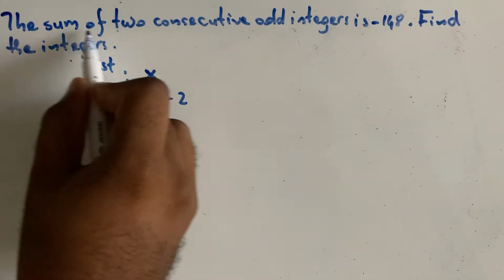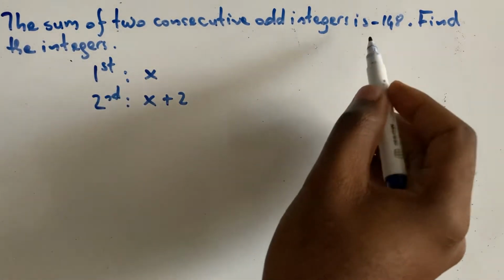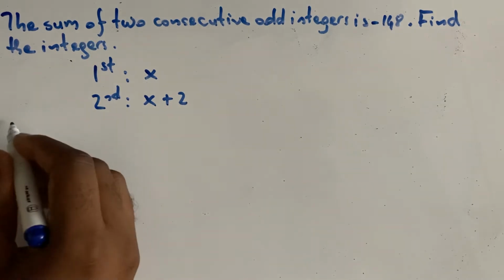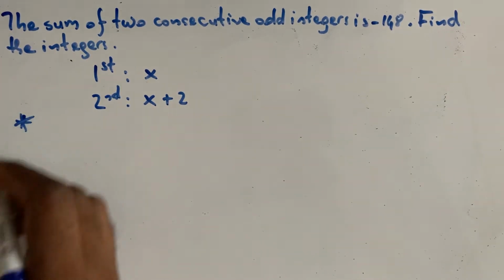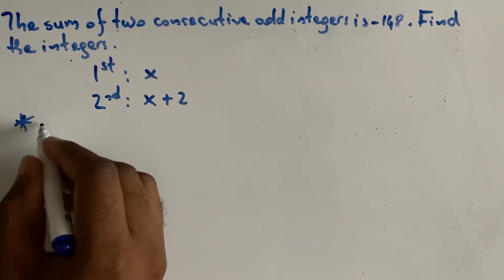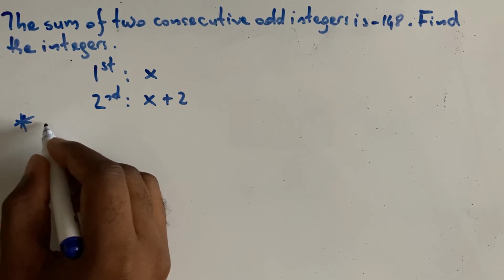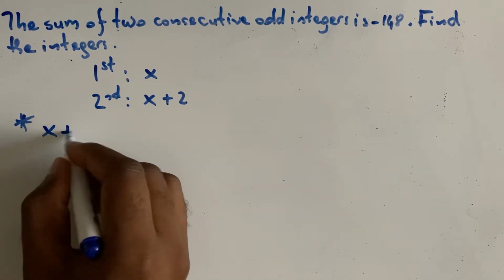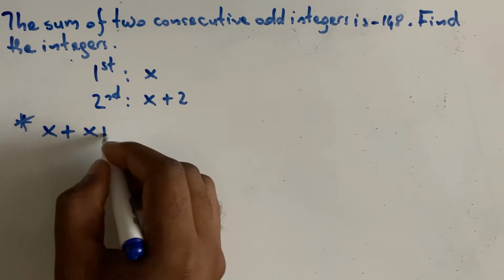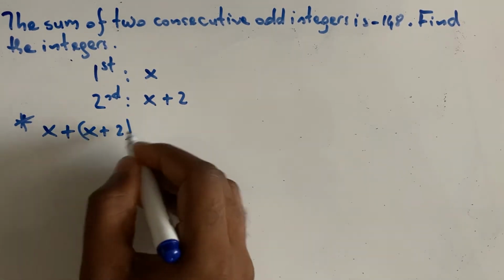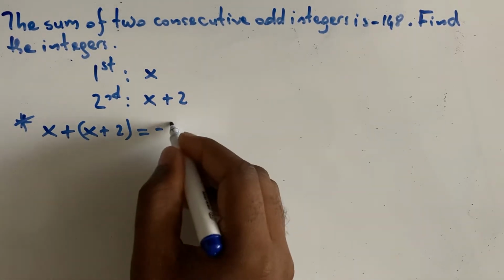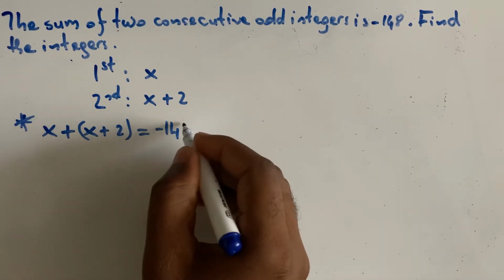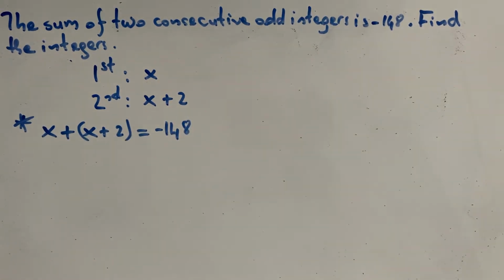What we know is that the sum of the 2 consecutive odd integers is 148. So we can have that equation. The first one, which is x, plus the second one, which is x plus 2, is equal to negative 148, by the way.